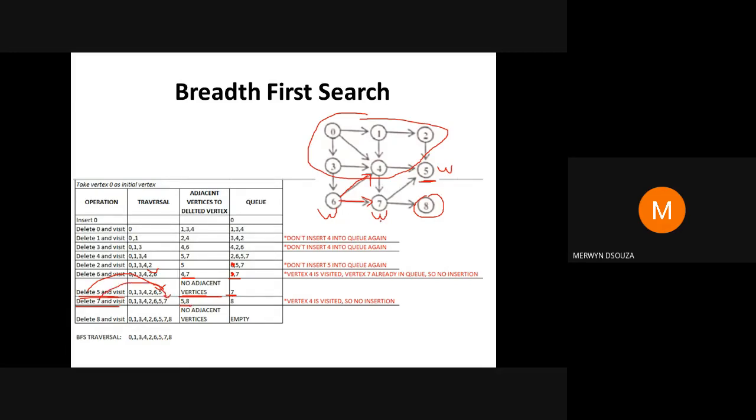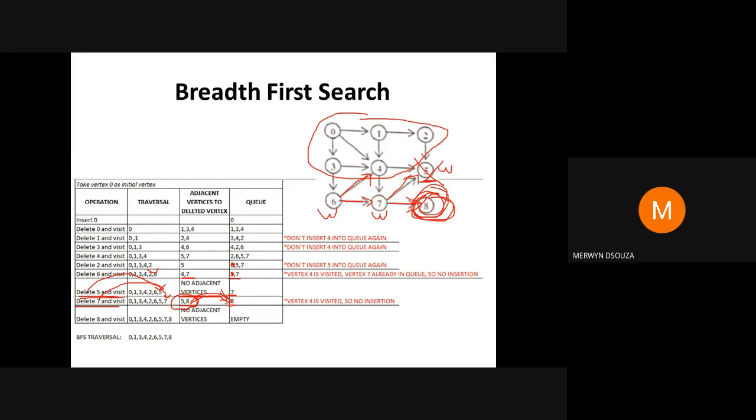Adjacent vertices to 7 are 5 and 8. So you will write here 5 and 8. You can insert only those vertices which are in the initial state. When you look at 5 and 8, only 8 has this circle. Like I told you at the beginning, circle means initial state. So you can put 8 inside the queue, but you cannot put 5. So only 8 will be inserted.